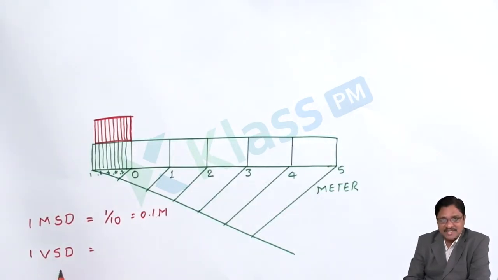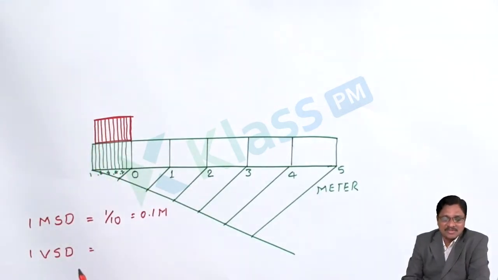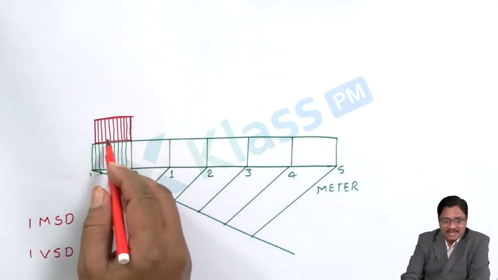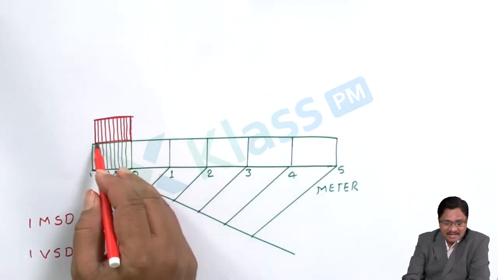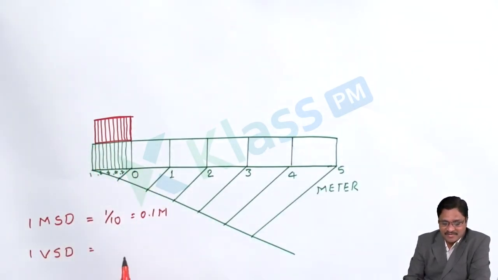Similarly, in the calculation of VSD, we have to consider the length of the vernier divided by the number of divisions. Then you can find the value of each division. Let's calculate. What length can we consider? I am taking the length equal to 9 divisions, that is the n minus 1 divisions I took for the forward vernier.